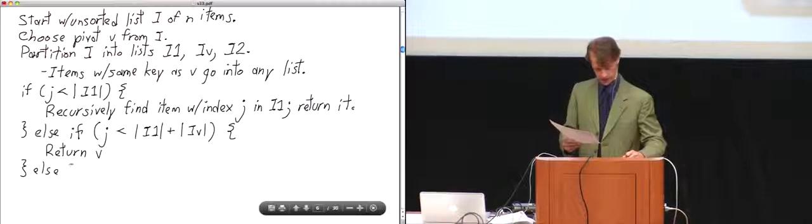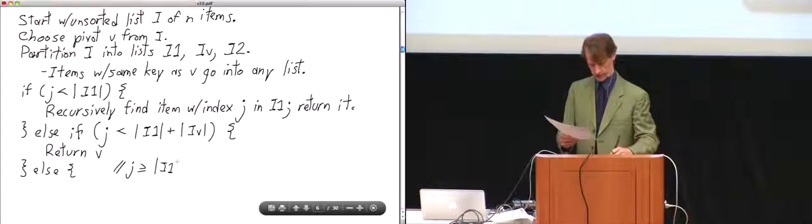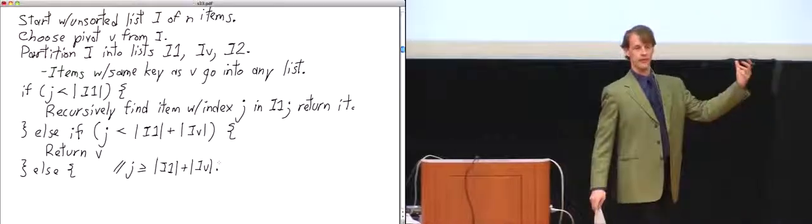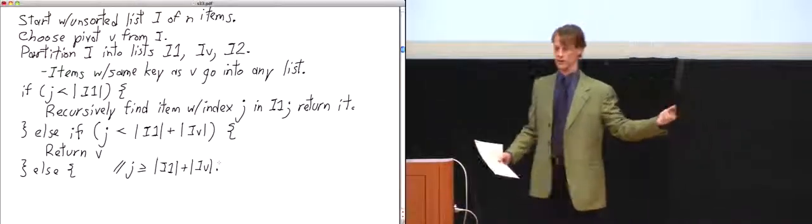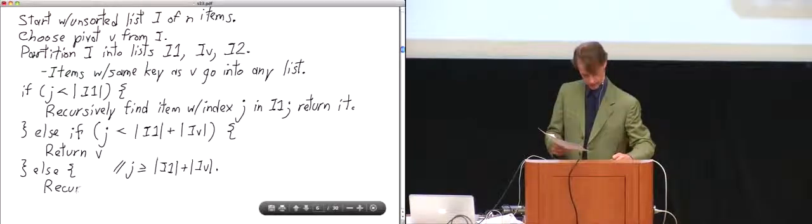If neither of those 2 cases are true, then there's a third case where j is bigger than that, and therefore the index that we're looking for has to be in the third list, of keys that are greater than the pivot. And so we recursively find the index in that list.